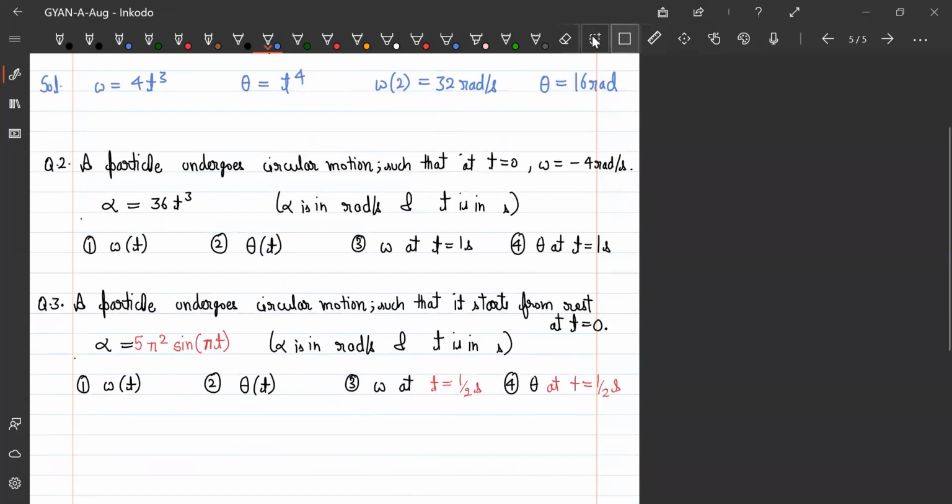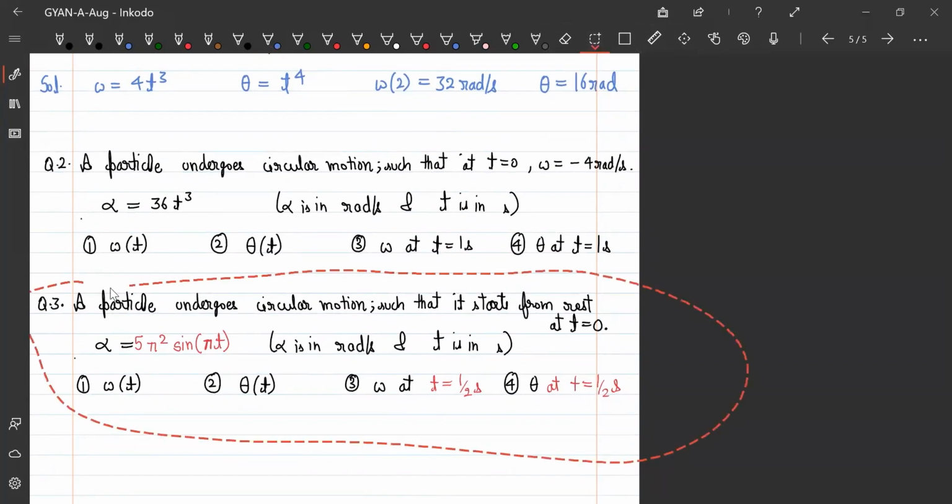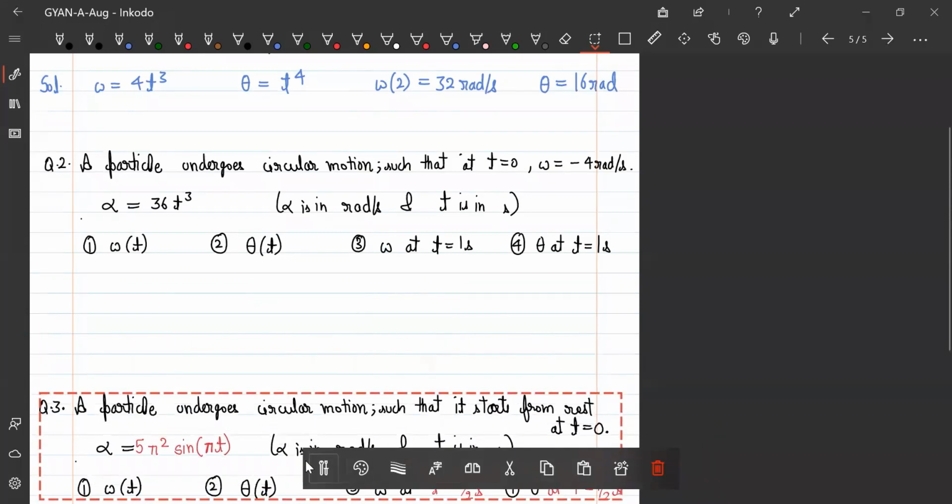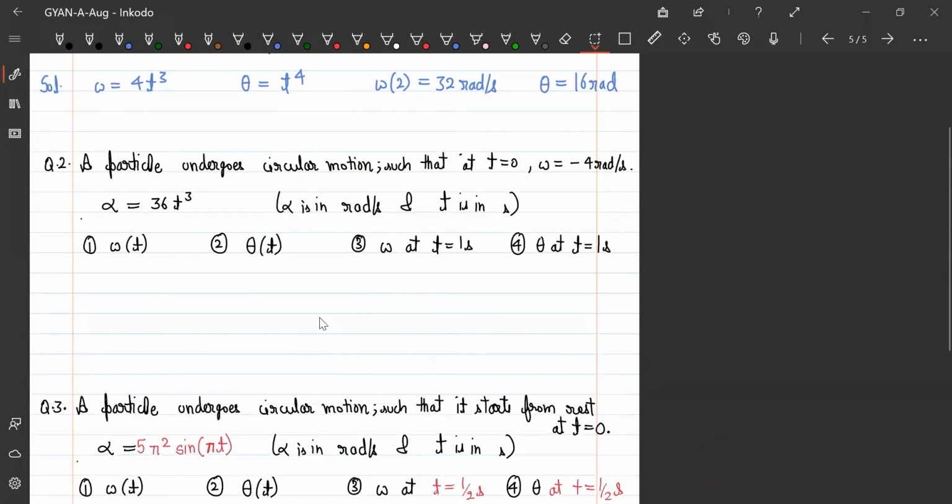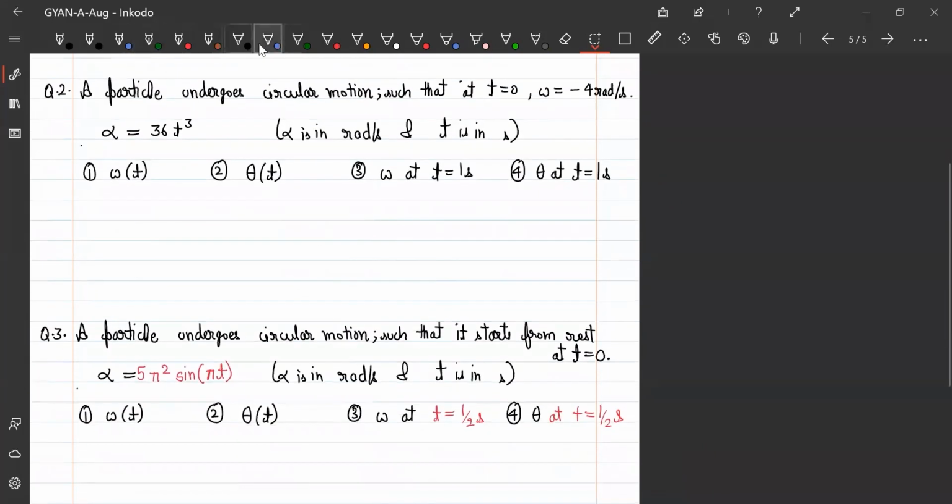Did you also get the answer for the second one? Yes, sir. Okay, and third one? Yes, sir. Okay, tell me answer for the second one. Sir, omega is equal to 9 into t raised to 4 minus 4. Correct. Then theta?